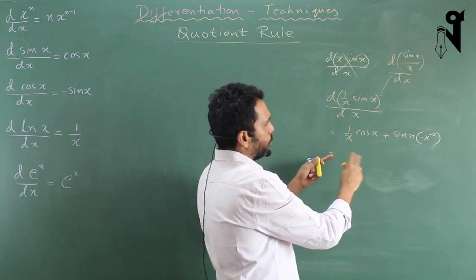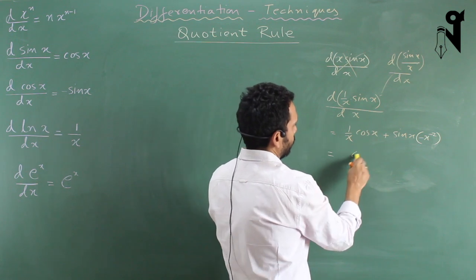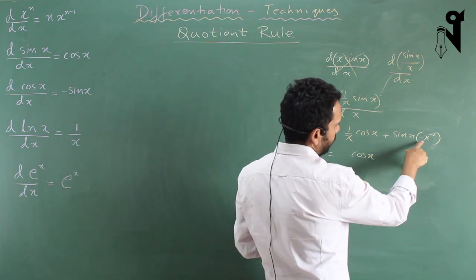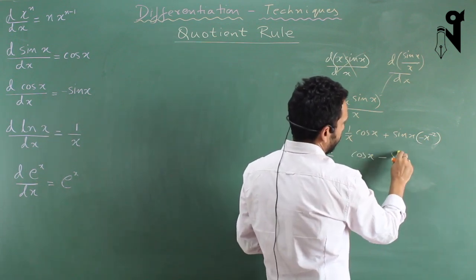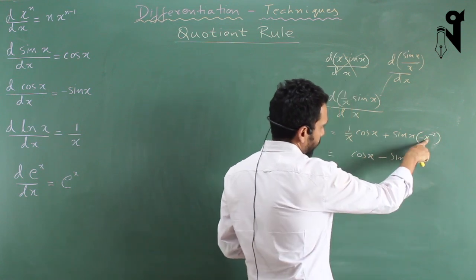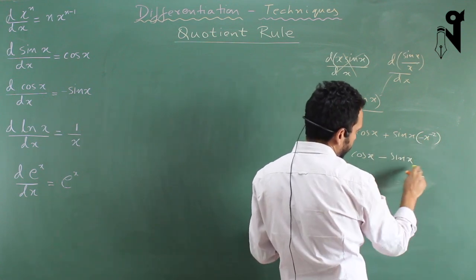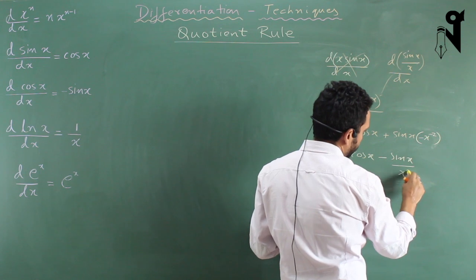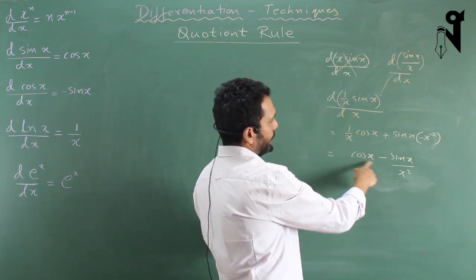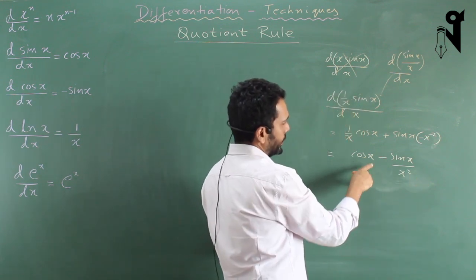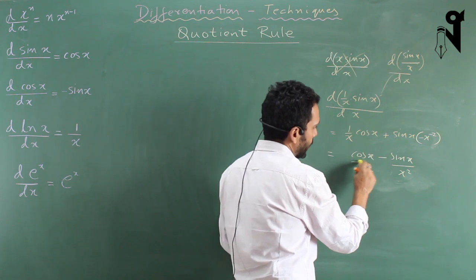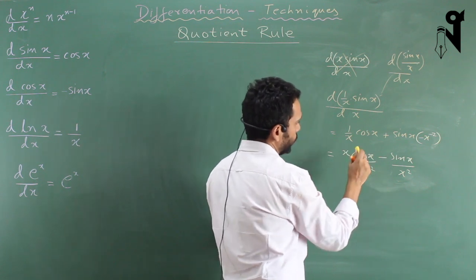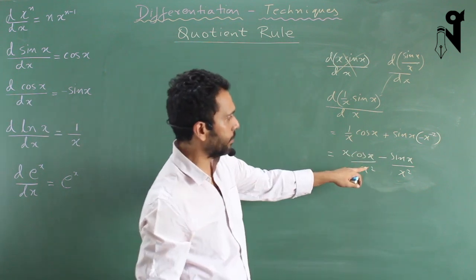If you want to write it in a more prettier way, this was your cos x, and then you have a minus over here, so minus sin x, and you have x power minus 2, so that x square is at the bottom, and you want to make the LCM. This was 1 by x at the bottom. You can have it as x square at the bottom and x over here to have the LCM same.